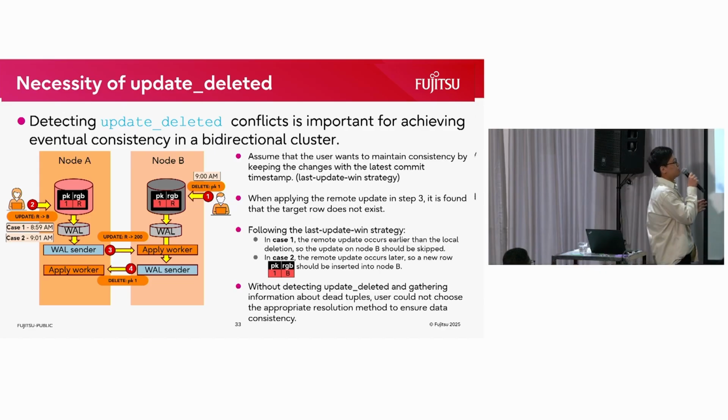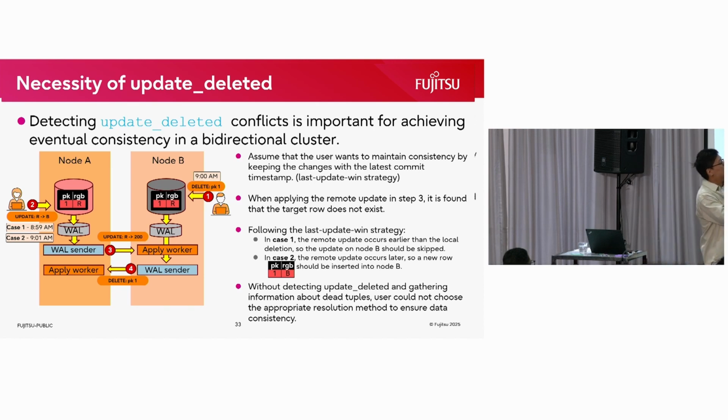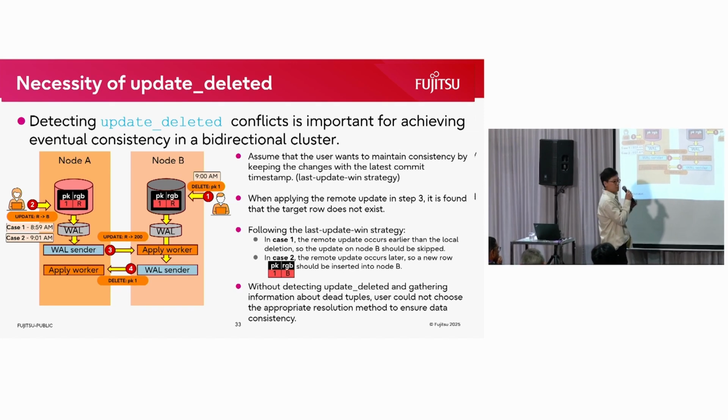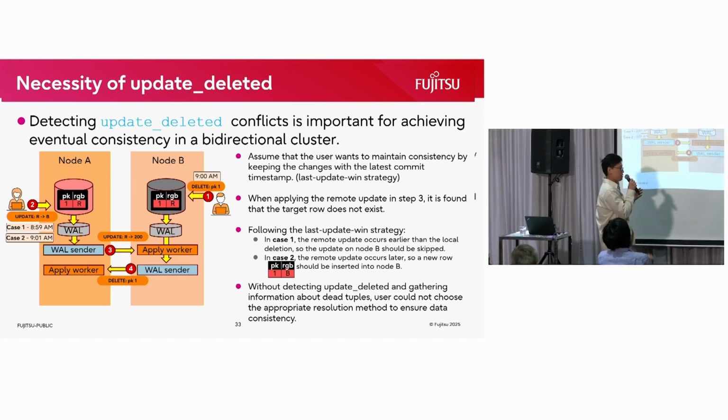In this case, if the user wants to achieve data consistency, and we assume the user chooses time-based resolution, where they want to keep the changes with the latest timestamp, also known as the last update wins strategy, a simple resolution strategy, then when applying the remote update there are two cases to resolve the conflict. In case 1, if the remote update occurs earlier than the local deletion, the update on node B should be skipped, because we want to keep the latest change.